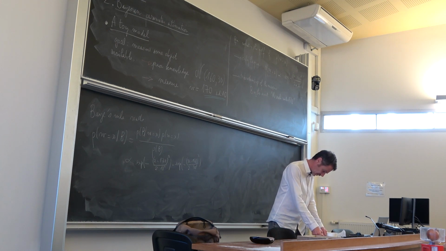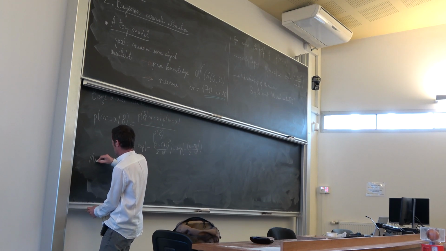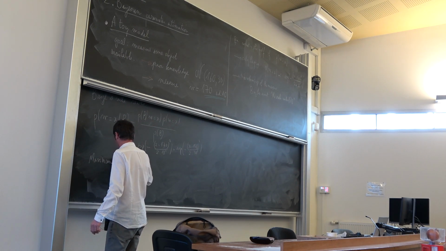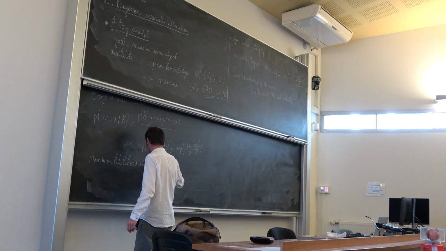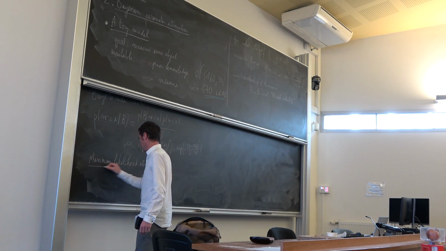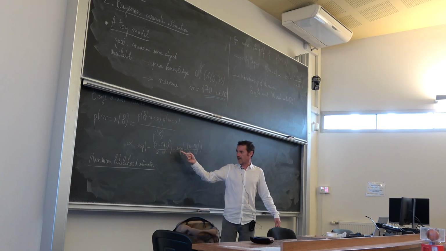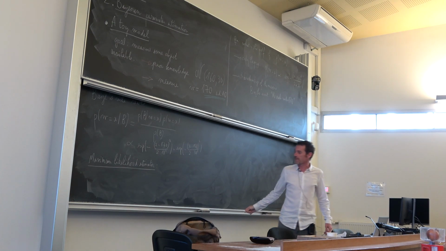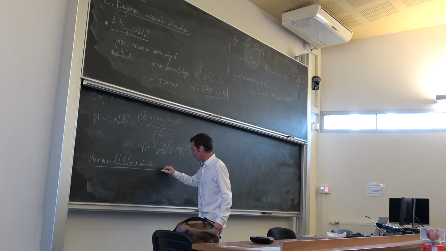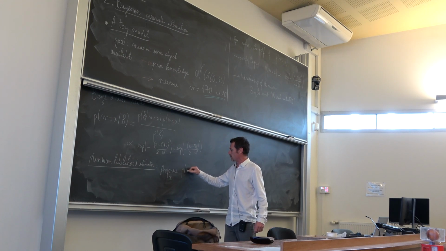So, maximum likelihood estimator. This can be seen as a density function, and I want to find the maximum of this density with respect to x of this probability.